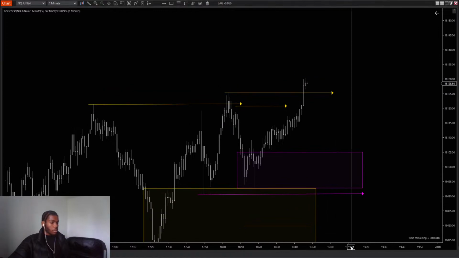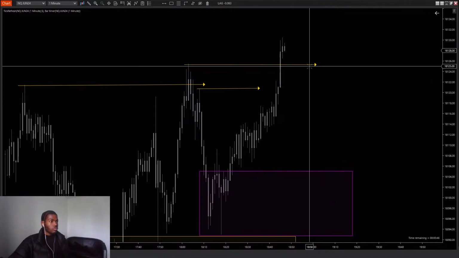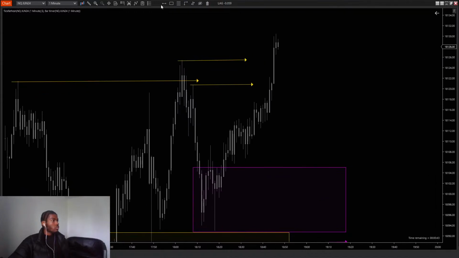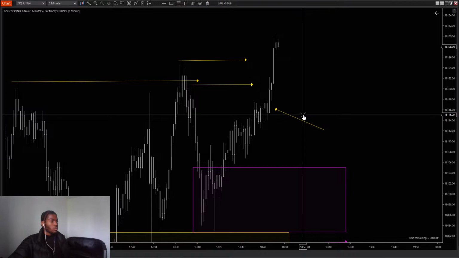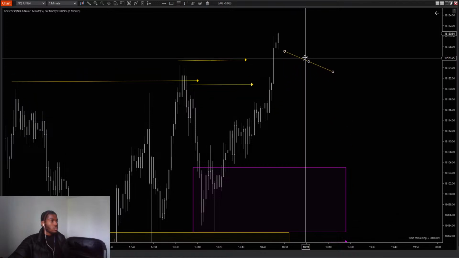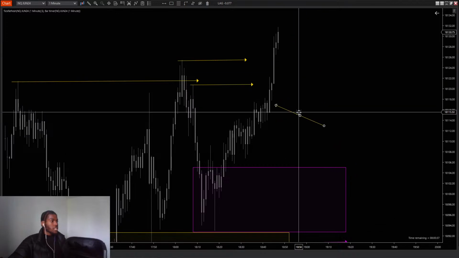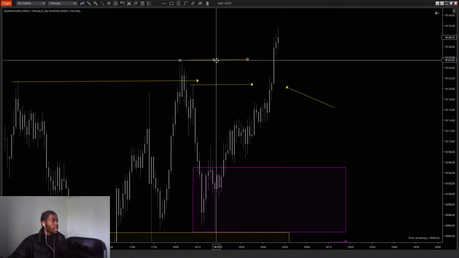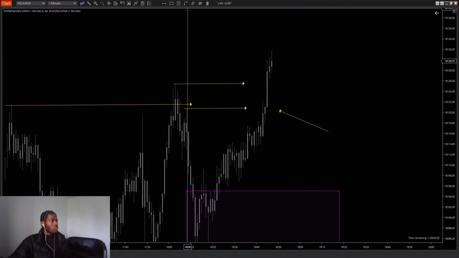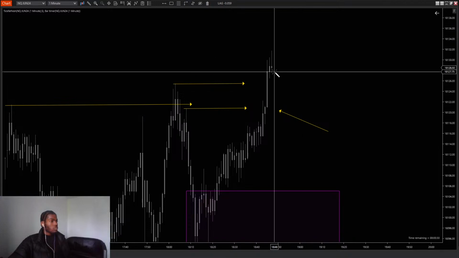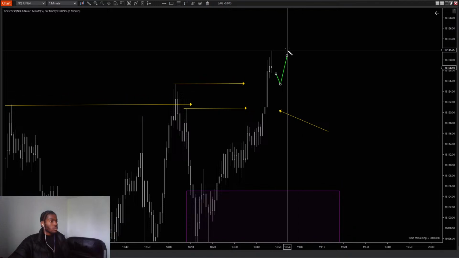Look, when you see a 4-candle pump, one, two, three, four. If you see 4 consecutive candles on candlestick structure, right?